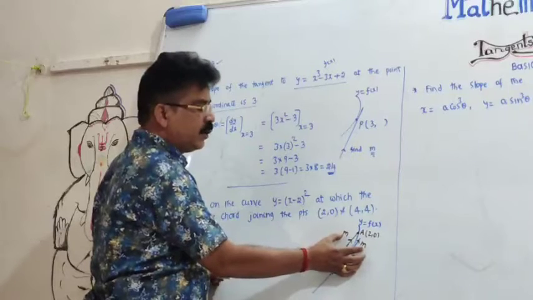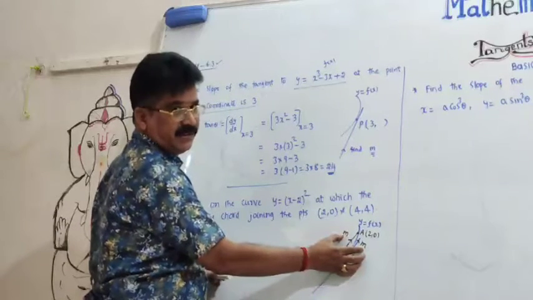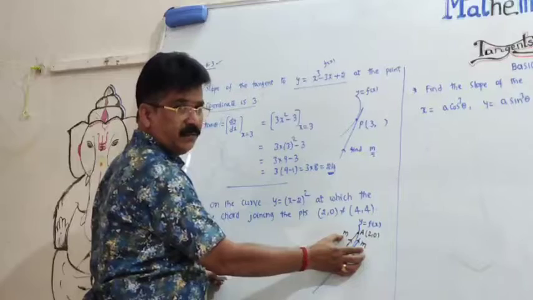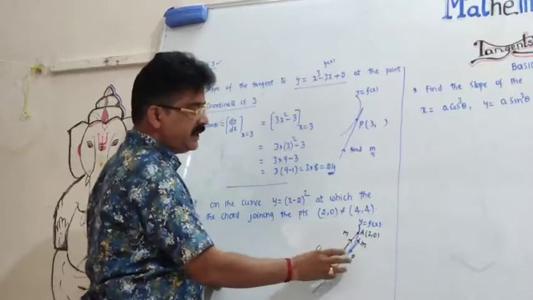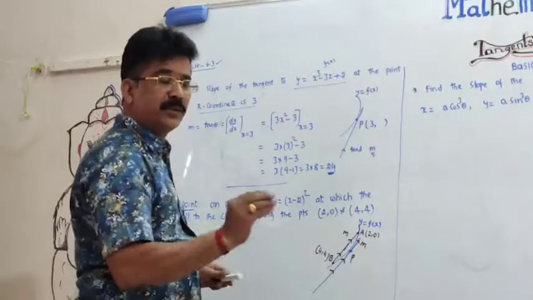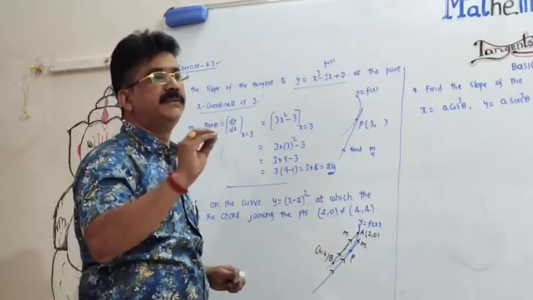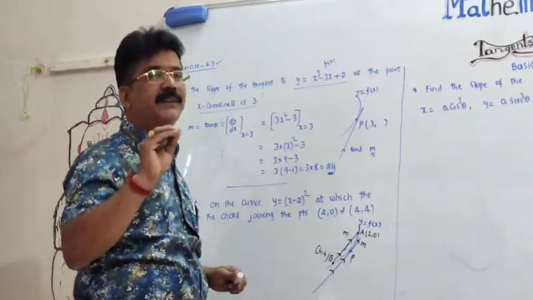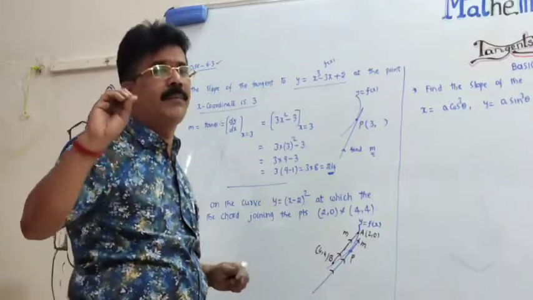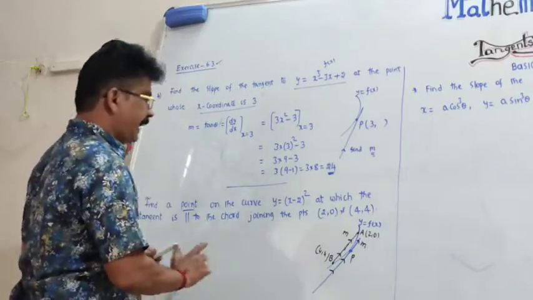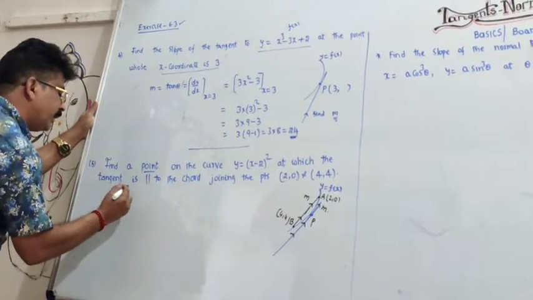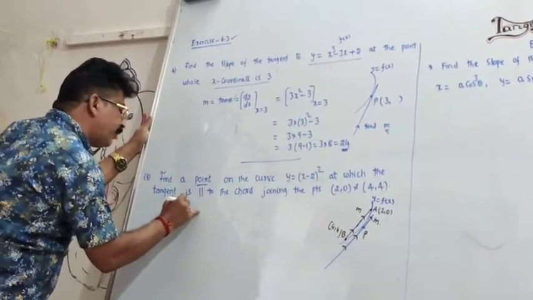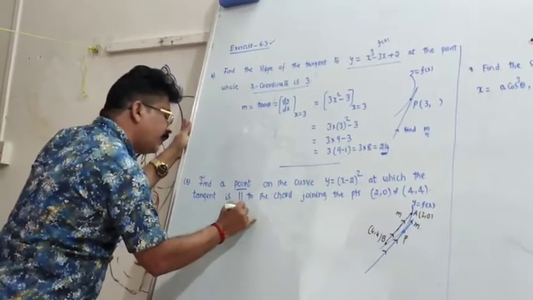Or if the slopes of two given straight line equations are the same, then the lines are mutually parallel. So simply, if M1 is equal to M2, then the lines are parallel. Okay, right. So therefore, one minute, slope of the chord.